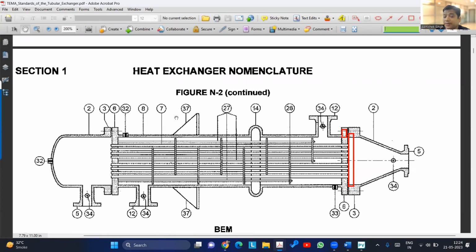Now, if I'm doing it for, let us say, shell side, consider this scenario. If I'm doing the hydro in shell side, which portions do we check?